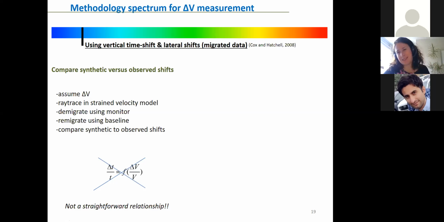Of course, none of this is really something very practical, but in this case, it was one of the first studies to properly tackle the issues with vertical time shift measurement in dipping fields. But in any case, their conclusion is that if you have complex geology, this time strain being a function of velocity change is really not a straightforward relationship.